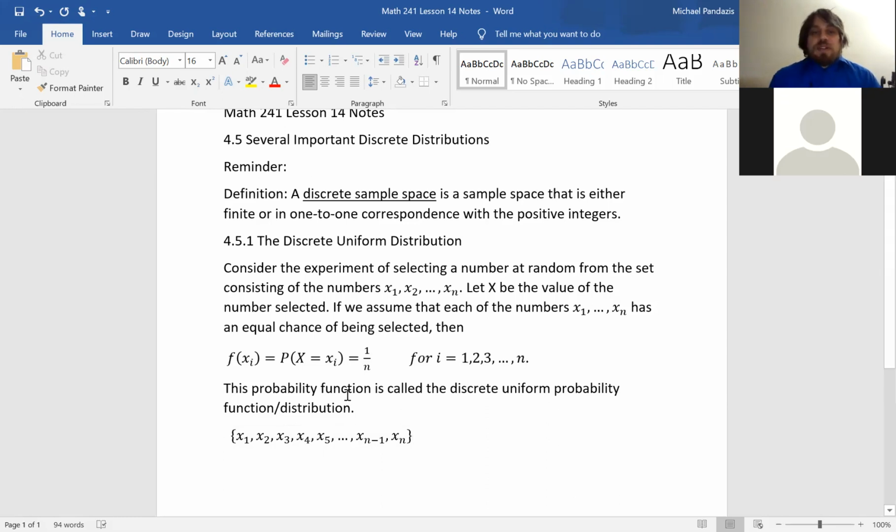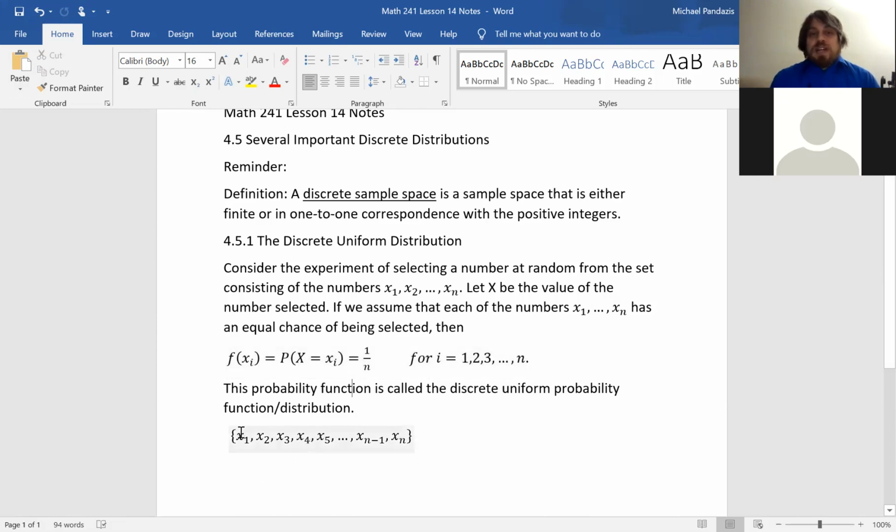And so this probability function is called the discrete uniform probability function / distribution. The uniform is because the probability of selecting each of them is the same. That's the idea of the uniform nature of this function, that the value is always the same. It's 1 over n for each thing in the set.